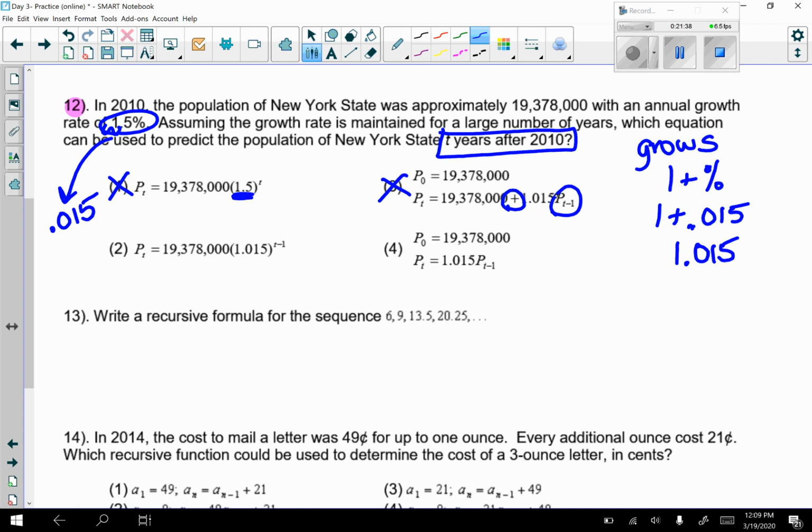So it says T years after. So I want to find the first year, which is going to be P of 1.